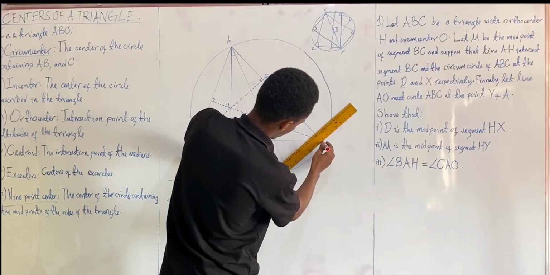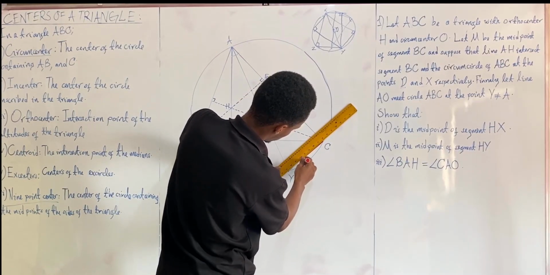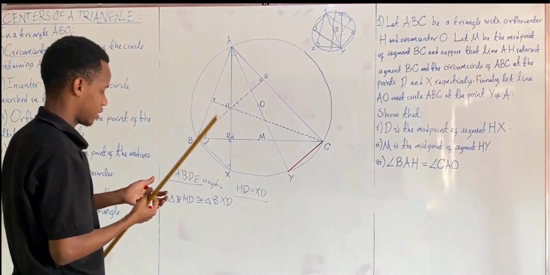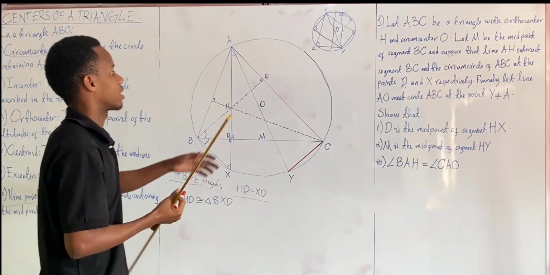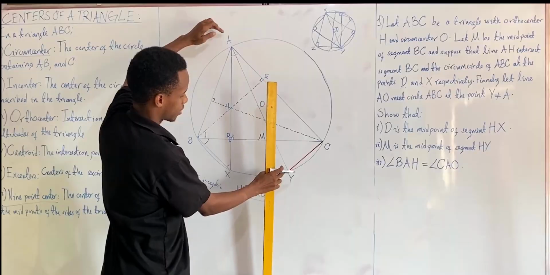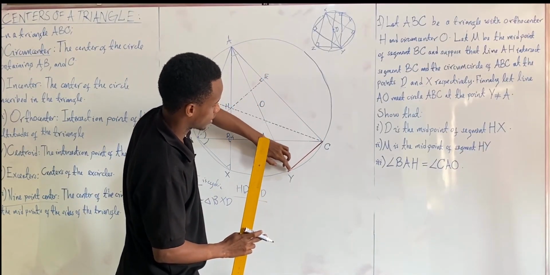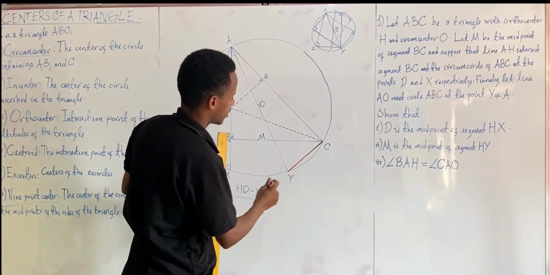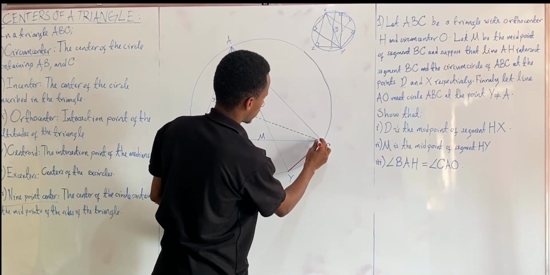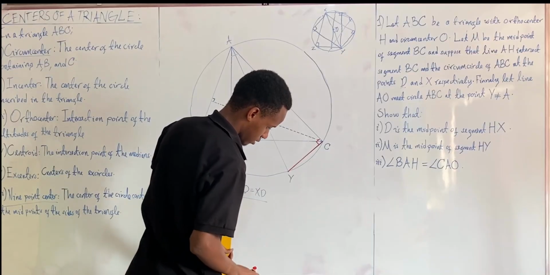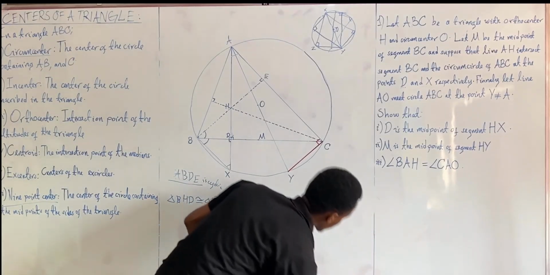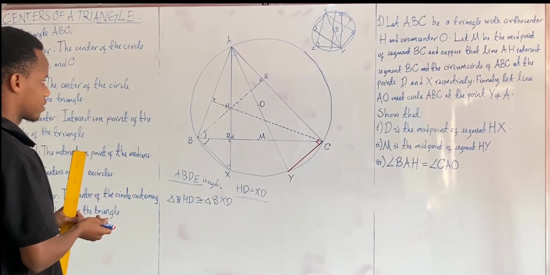And then by this result, we know that because this is the diameter from A to Y, then this angle here subtended by the diameter will be 90 degrees. So the angle ACY is 90 degrees. Okay, so we have that result.